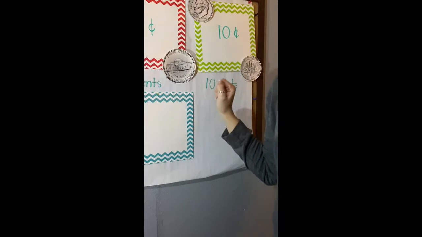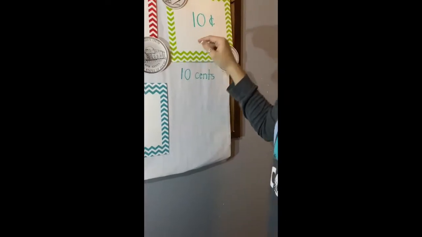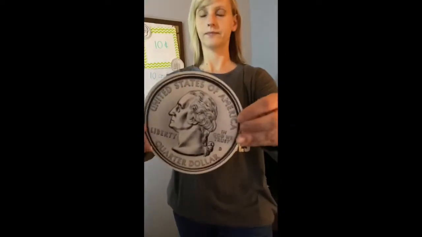So now we're going to introduce our new one. All right, guys, our next and last coin that we're going to go over is our quarter. Here's the front of our quarter.